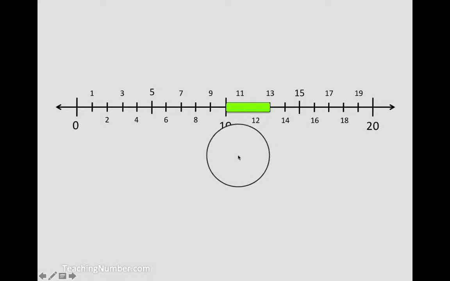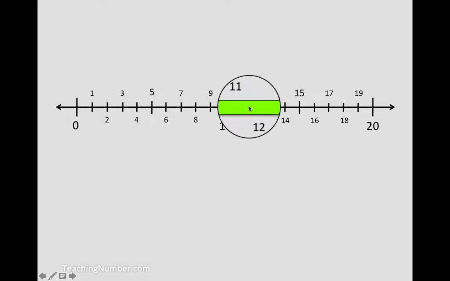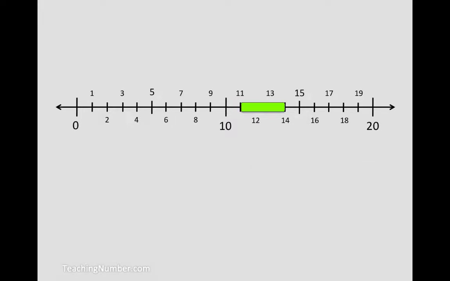So now we've passed 10, and we have the distance from 10 to 13. What would that be the same as? That would be the same as the distance from 0 to 3. What would the distance from 11 to 14 be the same as? The distance from 1 to 4.